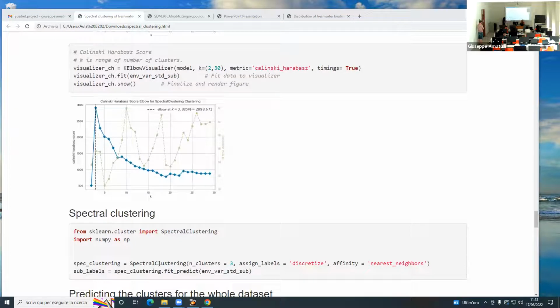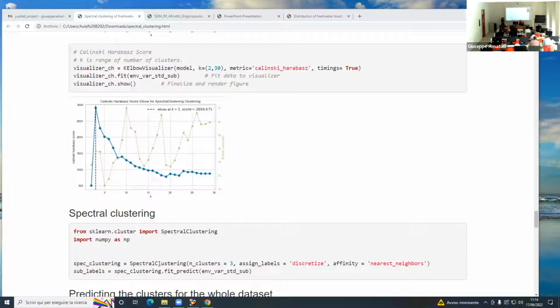Yeah, and then I come to the spectral clustering. The spectral clustering could have better performance for the clusters I'm searching for. The k-means is better at identifying clusters where you have one cluster, and then the next cluster is surrounded by the next cluster. So spectral clustering is a bit better at identifying this kind of pattern.